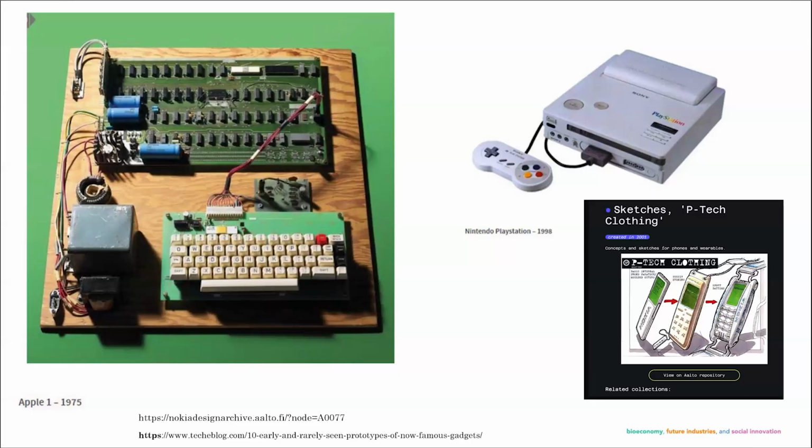Then on the upper right side, we can see a high fidelity prototype. So a Sony Nintendo PlayStation, a co-product created by Sony and Nintendo, and the objective was that you could play both PlayStation games and Nintendo games with the same gaming device.